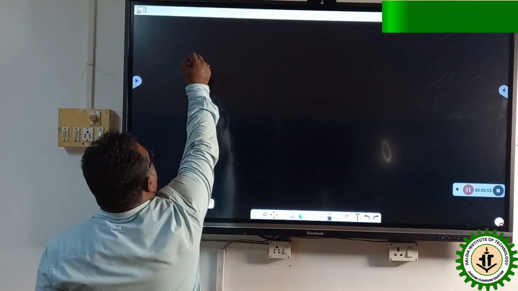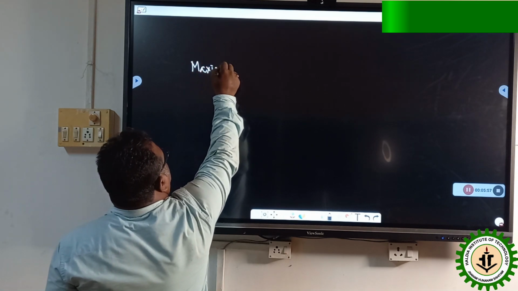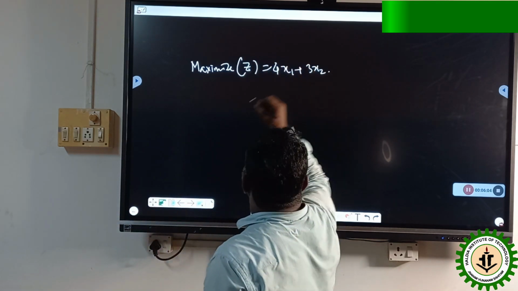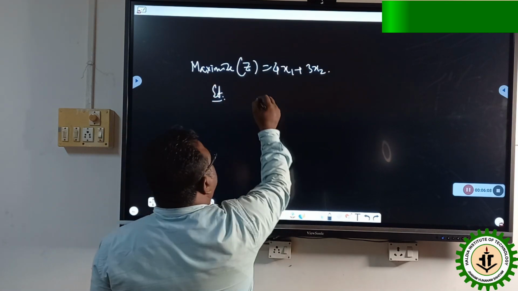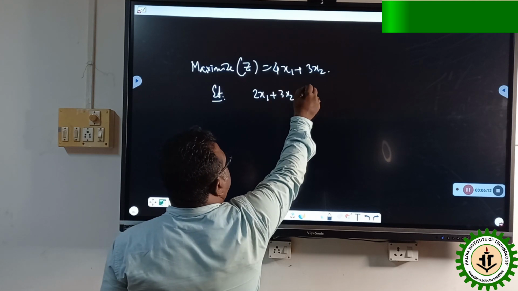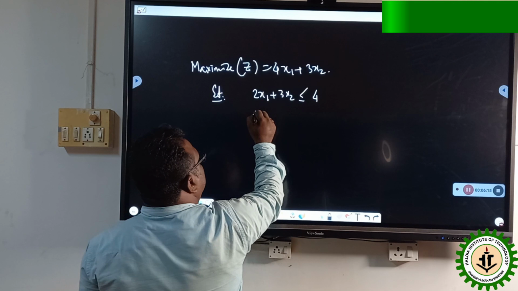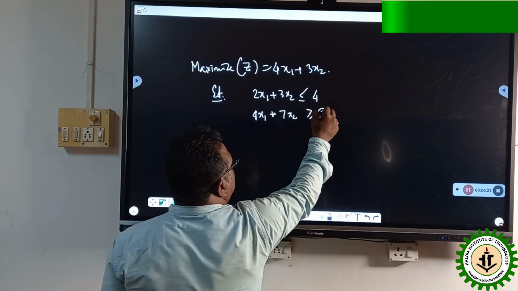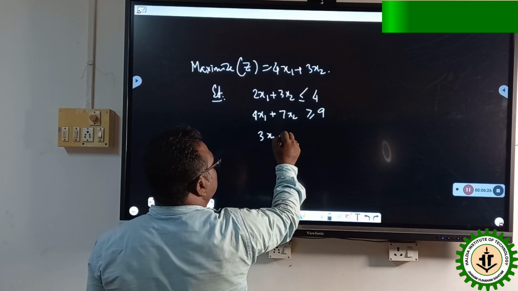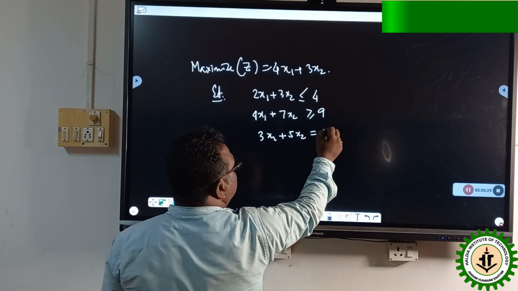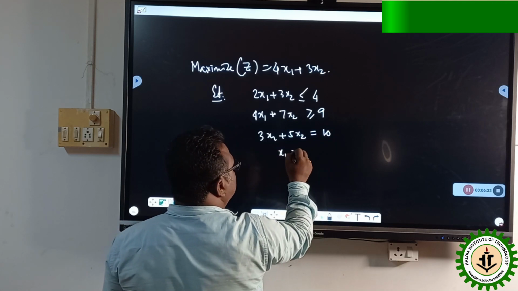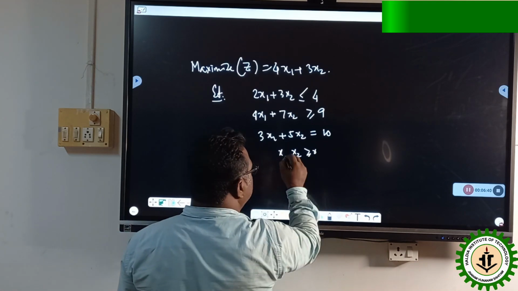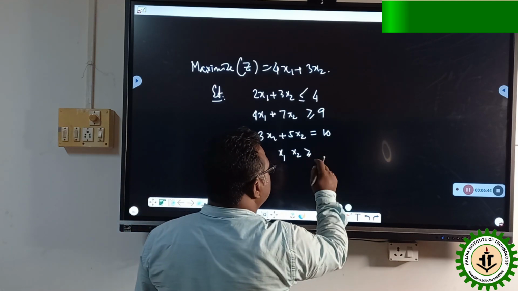Maximize z equals 4x1 plus 3x2 subject to 2x1 plus 3x2 less than or equal to 4, 4x1 plus 7x2 greater than or equal to 9, and 3x1 plus 5x2 equals 10. So x1, x2 greater than or equal to 0.